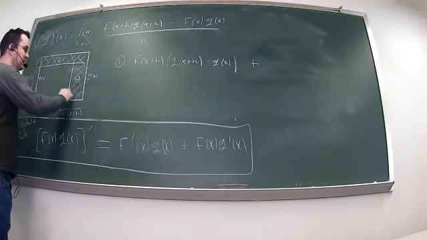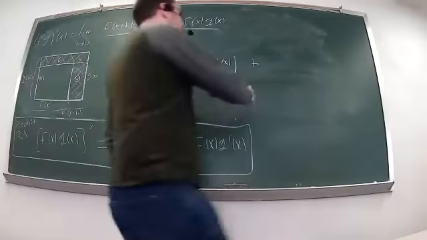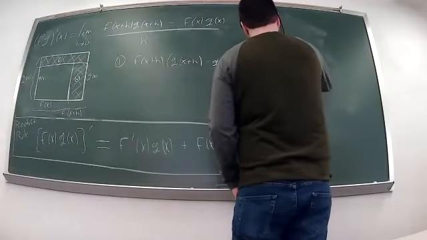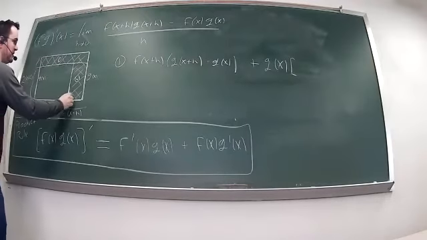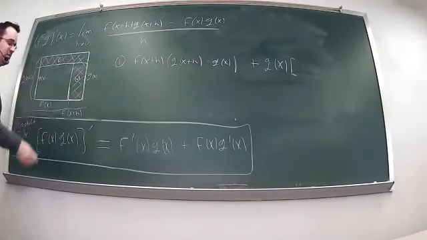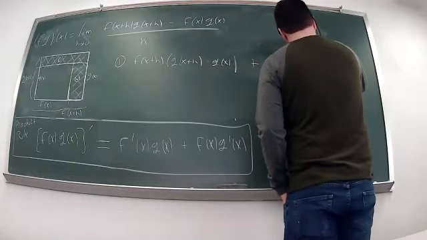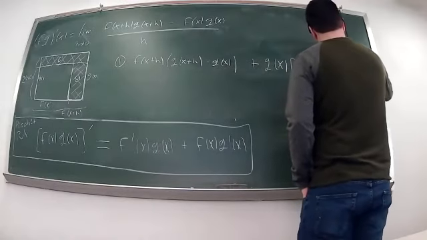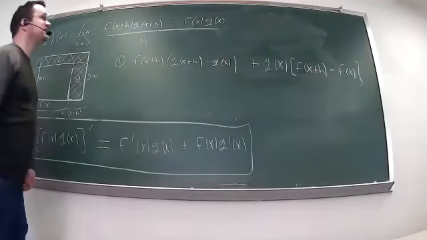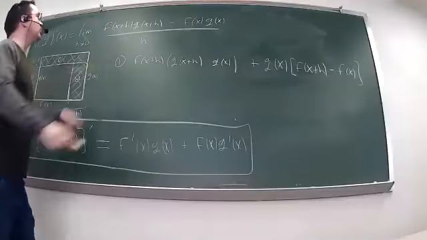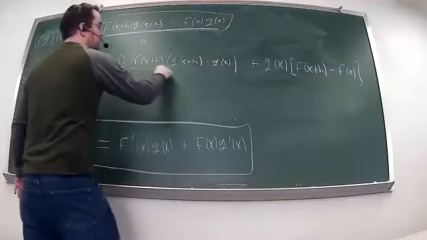So the height in this case is just g of x, and the base is this length here, which is f of x plus h minus f of x. And what I'm saying is that this is equal to the numerator. So this is equal to that.